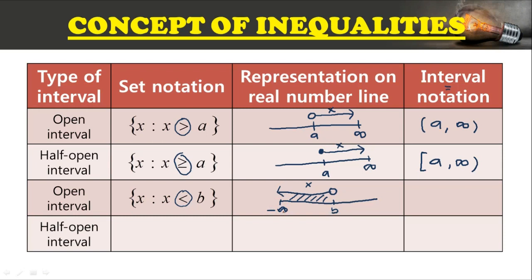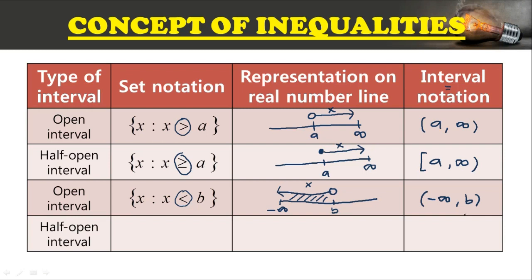Bila ke kiri maksudnya hujung sekali adalah negative infinity. So for interval we need to write negative infinity. From negative infinity, still remember I told you just now, infinity always open. So negative infinity until b.